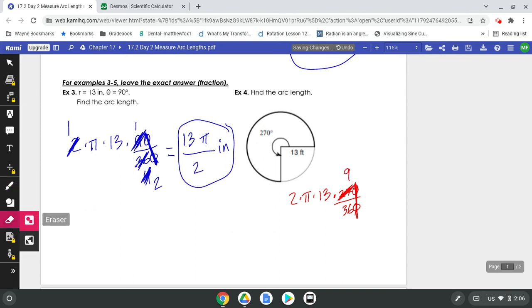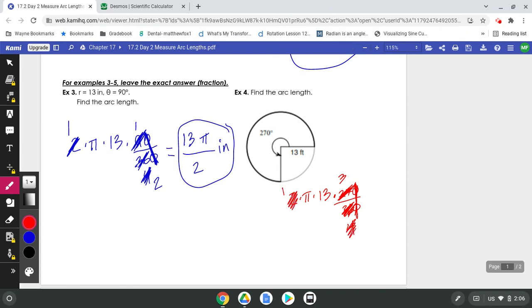I want to put a 3 because 9 goes into 27 3 times. 9 goes into 36 4 times. Once again, 2 goes into 4 twice and 2 once. We multiply 1 times pi times 13 times 3. That's going to give us 39 pi all over 2. Don't forget the label, feet. And we would be done.